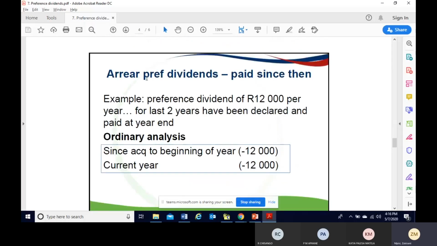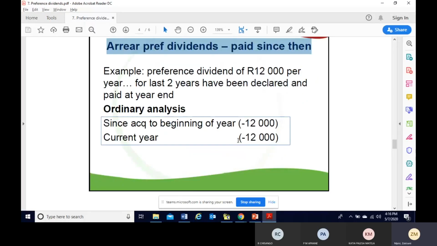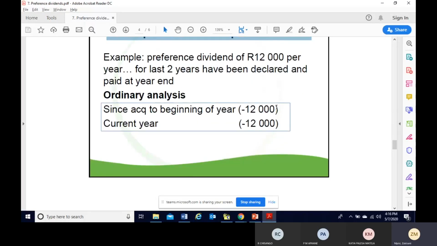So here we're speaking about arrear preference dividends paid since then. So a preference dividend of 12,000 per year for the last 2 years has been declared and paid at year end. So in ordinary analysis, we have to decrease our retained earnings and profit by the dividend payment.